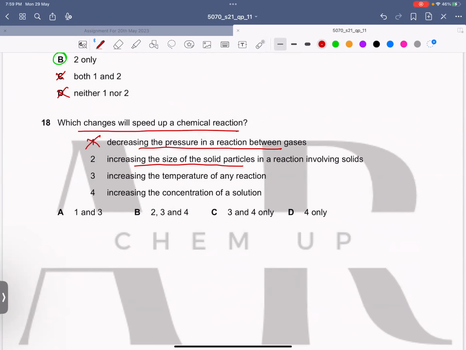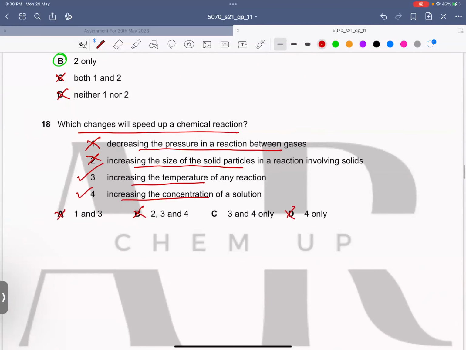Increase in size lowers the surface area, and decrease in size of the particles will increase the surface area. If you are taking a larger lump and you are taking the powder, which will react faster? Powder has smaller size particles, right? So statement 2 is wrong. Increasing temperature, yes. Increasing the concentration of solution, yes. So A, B, and D are the wrong options, and C is the correct one.